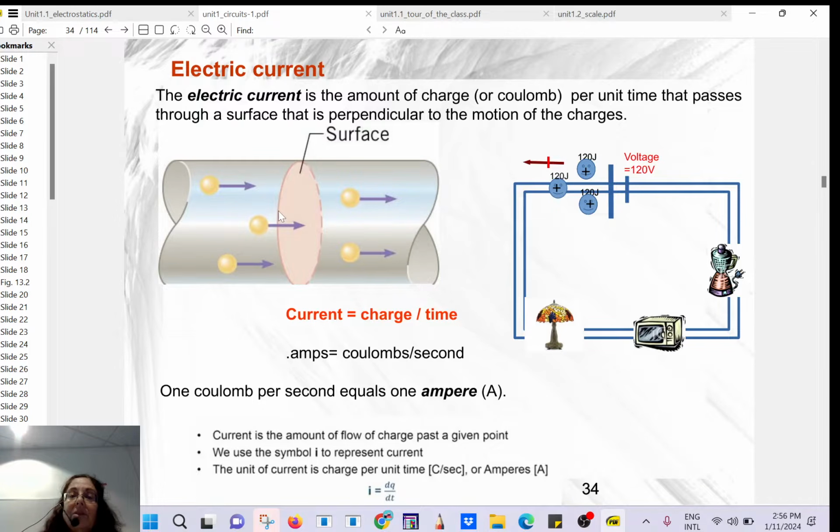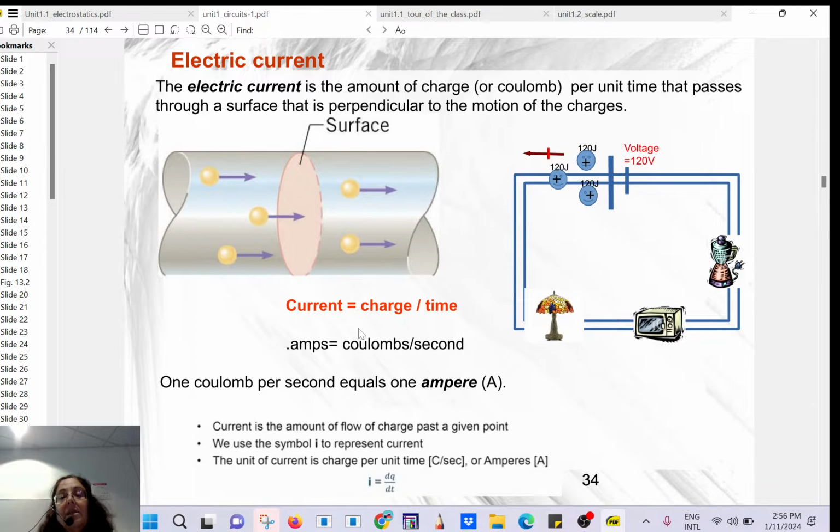And then the current, again, the current is charge per unit second. So for example, here, each coulomb is 120 joule. So if you have every second 3 coulombs being burnt out by the power supply, so what's going to be the current? 3 amps, very good.